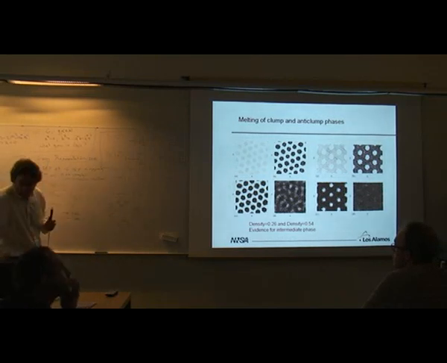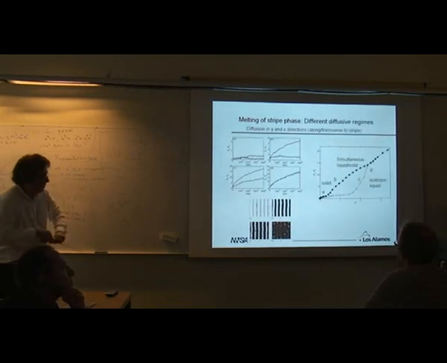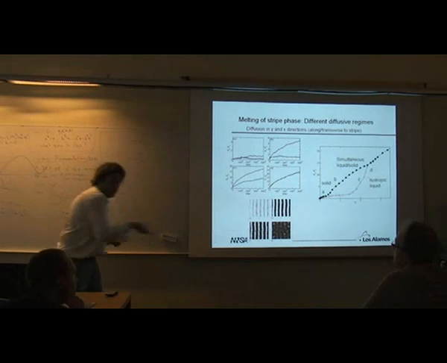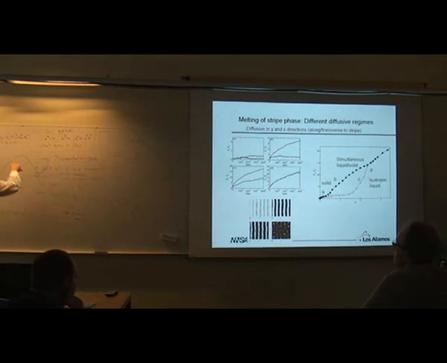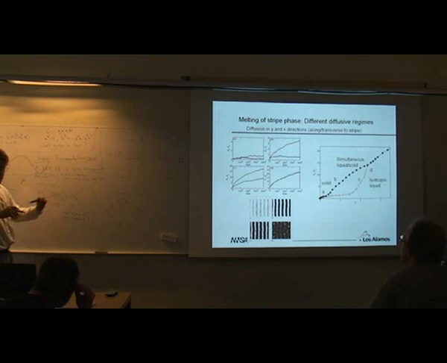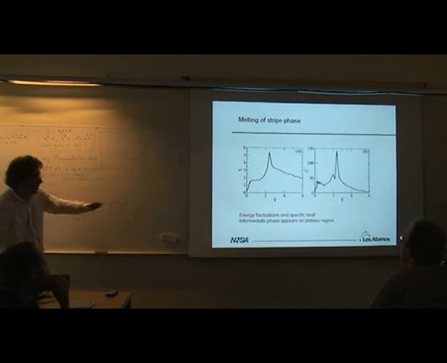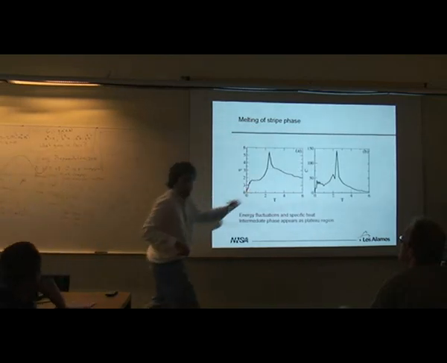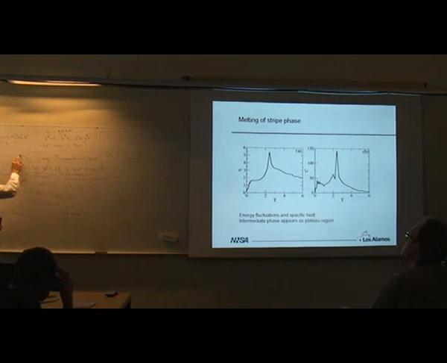But in the stripe phase, this transition is at the highest temperature. And then it dips down again, and then it goes back up when you get into a really packed phase. Sorry, I didn't understand what's on the axis. This is density, and this is Tm or Tp, which is the peak in the specific heat. So the highest temperature you see it is within the stripe phase.